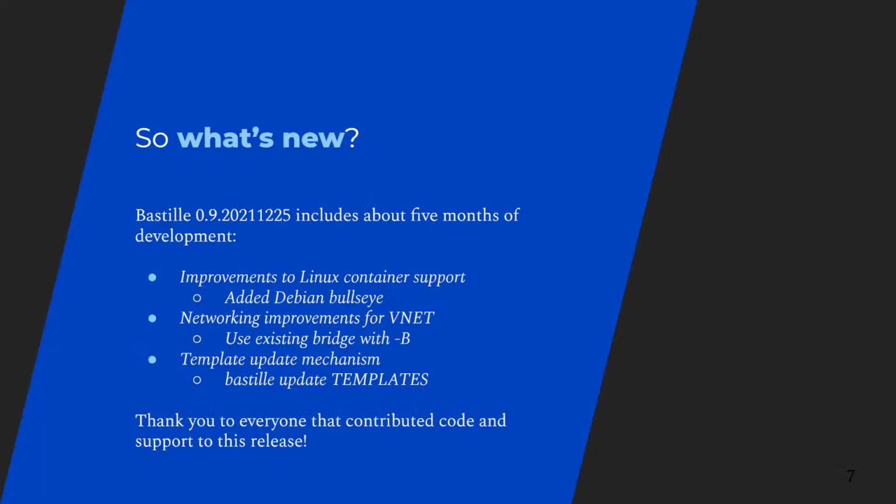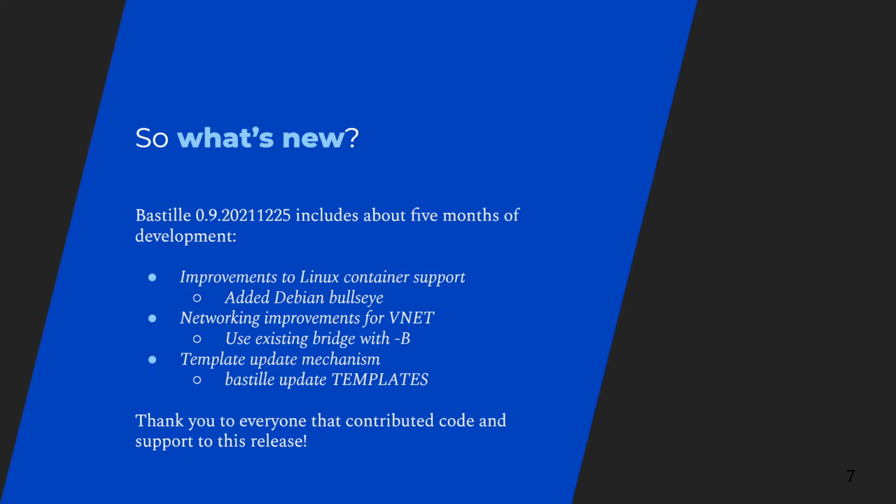Okay, so what's new in our latest release? 0.9, 2021, 12/25. So Christmas Day release is about 5 months of development. Previous to this release, our last release was the Bastille Day release, which would have been July 14th.